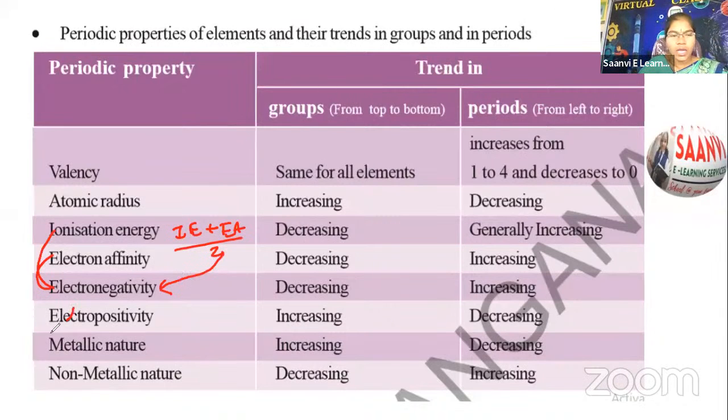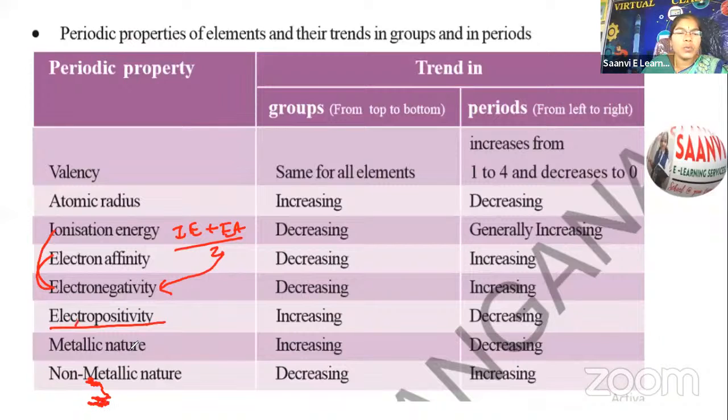Electronegativity. Okay. Now coming to electropositivity. This electropositivity is opposite to electronegativity. Electronegativity depends on ionization energy and electron affinity by 2, then we get electronegativity.